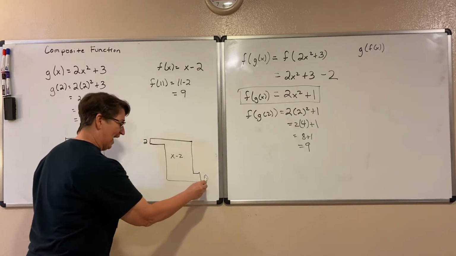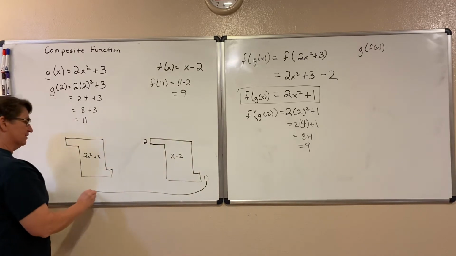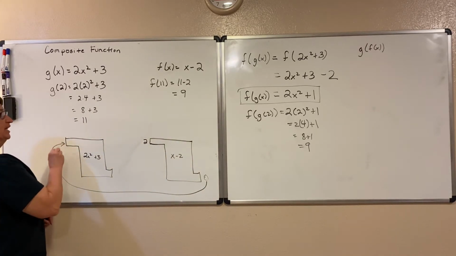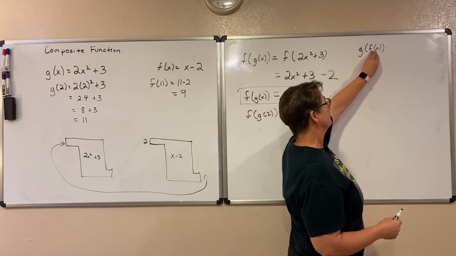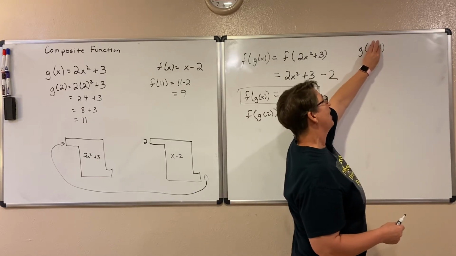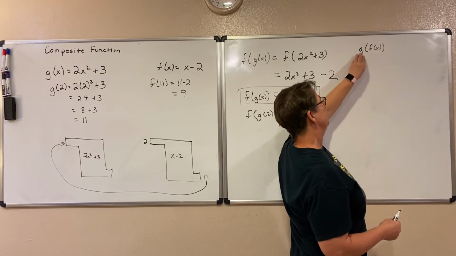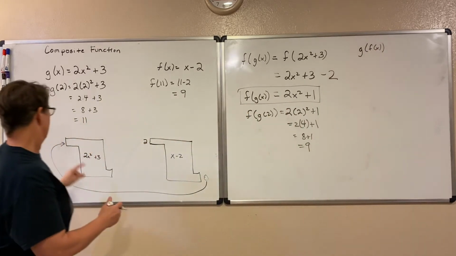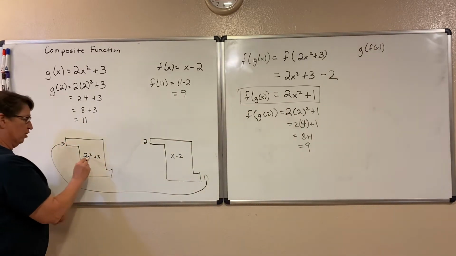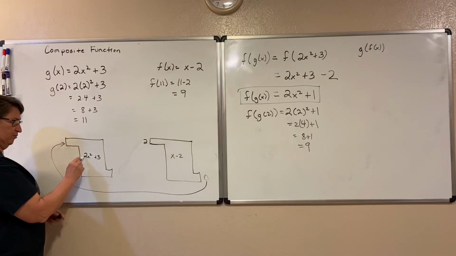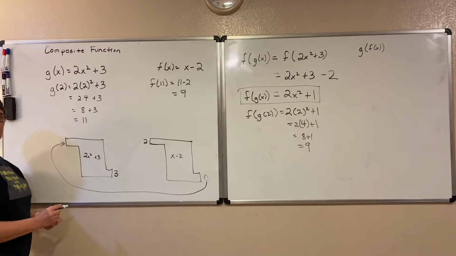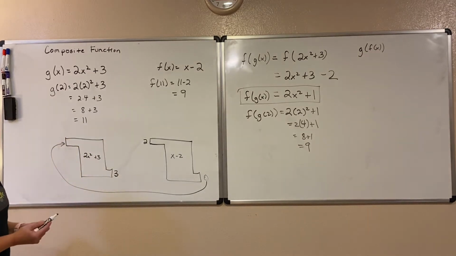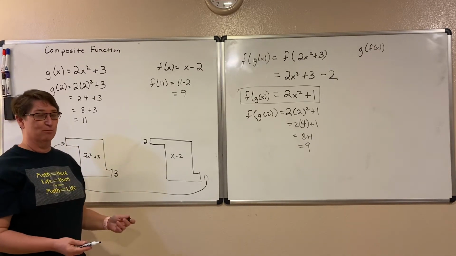Once I have that output, that f of x value, I'm going to take it and put it in the g. So 0 squared is 0, times 2 is still 0, plus 3 gives me an output of 3. So going in the other direction, notice I got a different output.